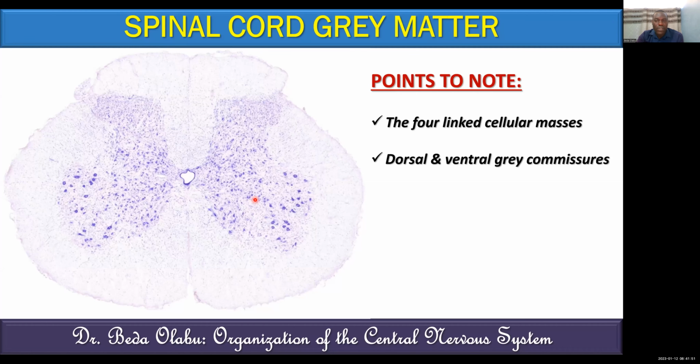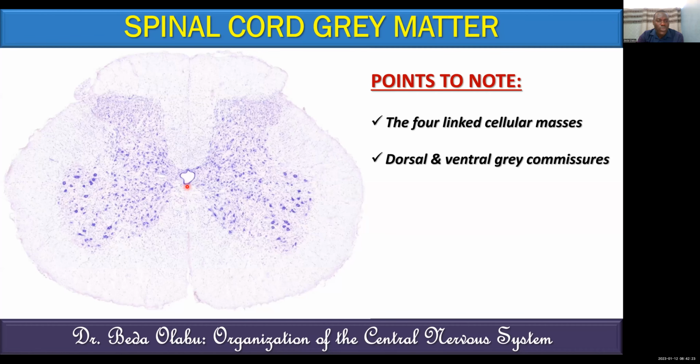Now take note of the gray matter around the central canal. The right and the left dorsal horns are continuous posterior to the central canal. We call that continuation the dorsal gray commissure. Similarly, the right and the left ventral horns are continuous ventral to the central canal.